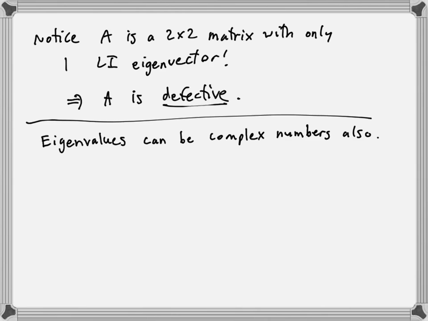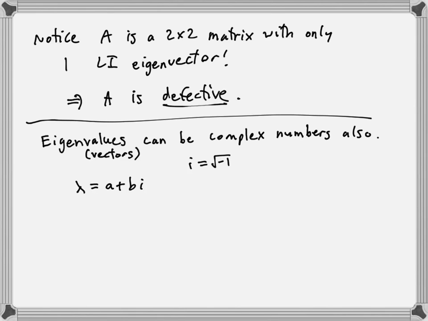Okay. What does that mean? So eigenvalues can be complex numbers also, and not just eigenvalues, but also eigenvectors as well. What do we mean by that? Well, this means that you might get an a plus bi. Remember, complex numbers, i is the square root of -1. A plus bi. And what about an eigenvector?